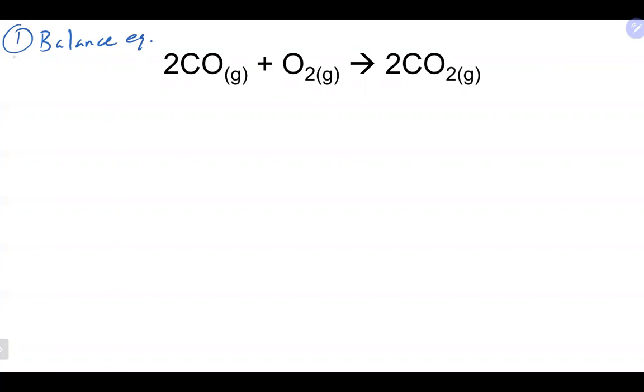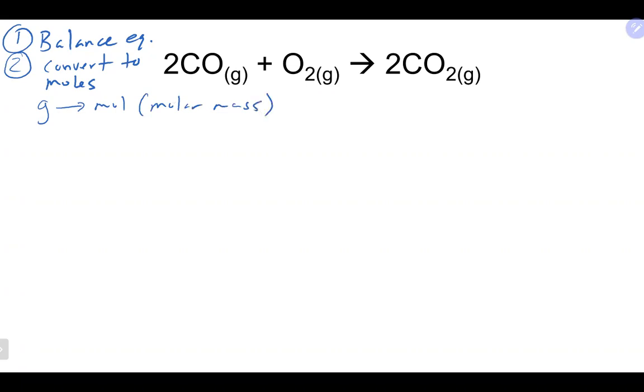The next thing that you do in a problem like this is you take whatever they give you and you convert it to moles. Very commonly what you are given are grams, and you need to convert it to moles, like we just talked about, using the molar mass.